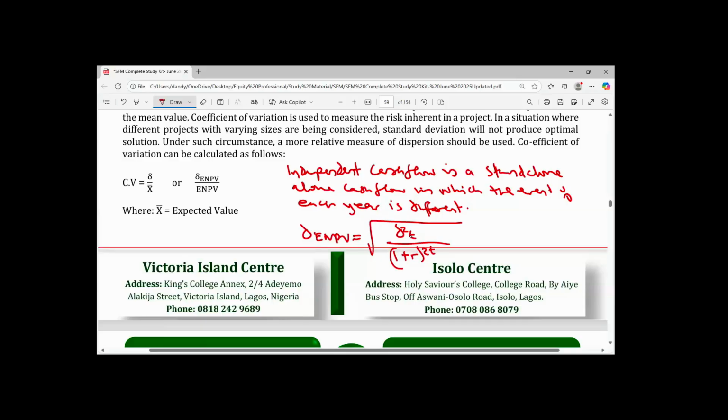Okay, raised to power 2t. So that will give you the standard deviation of expected NPV.